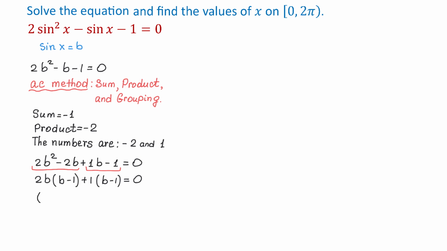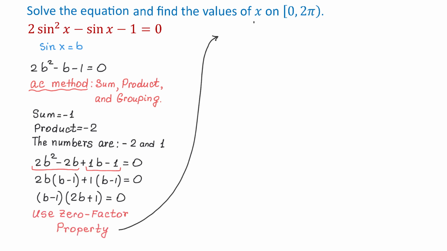And if we factor out b minus 1, then in the second parenthesis we will have 2b plus 1. So this 2b and 1 comes down into the second parenthesis. So now we have this trinomial factored, and to solve this equation we will use the zero factor property.